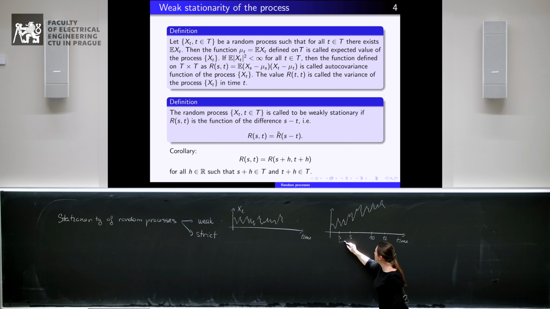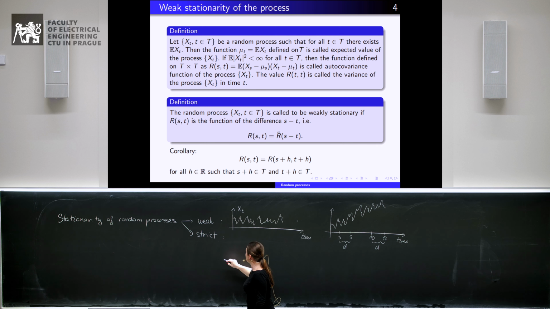So when the distance between two times is equal, then the covariance, the rate of dependence between the values of the process is the same.